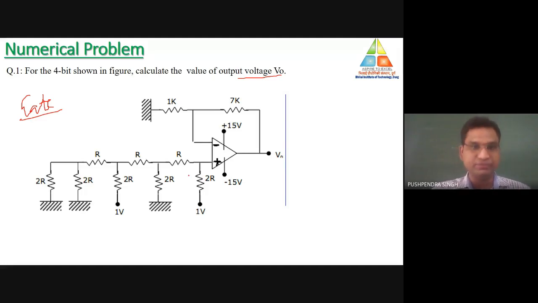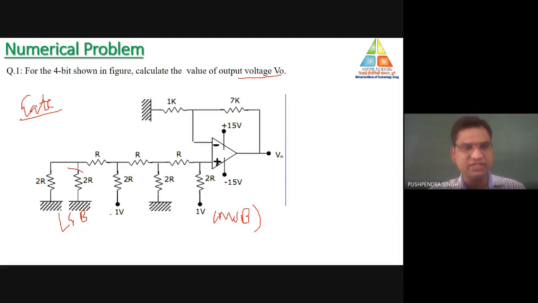What is given to you? The very first thing is, as you can see over here, two resistance values are 2R and 2R. So this is the position of the LSB bit. First thing you need to check here, and this one is the position of the MSB bit. Not needed here. Why?